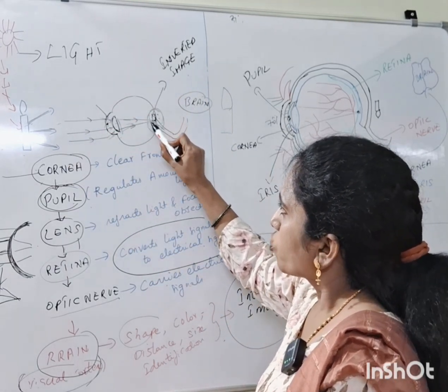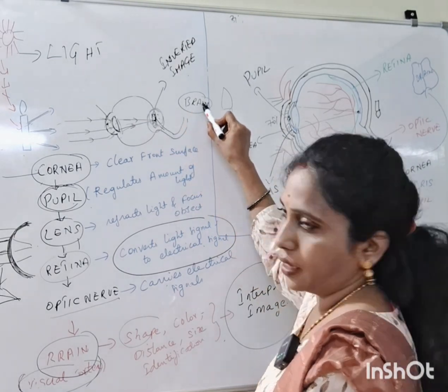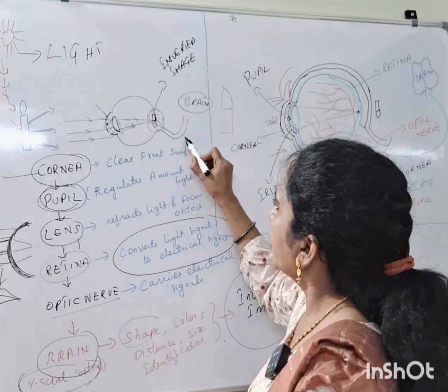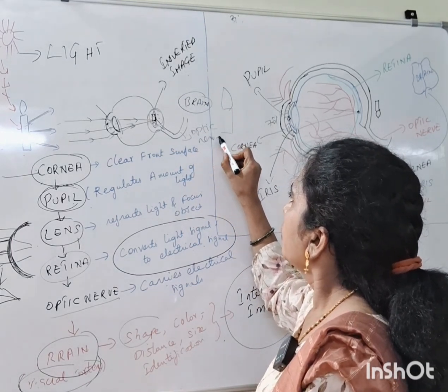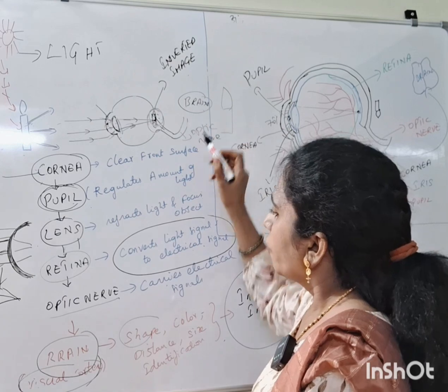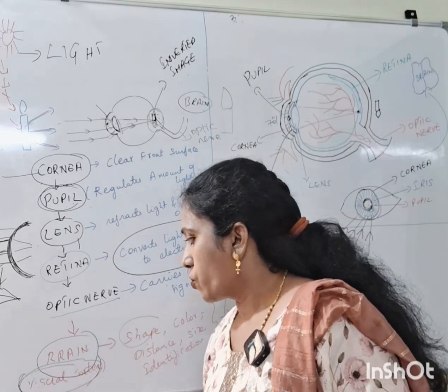All the light signals will be converted into electrical signals. This is the main function of the retina, and these electrical signals will be sent to the brain with the help of the nerve called the optic nerve. This carries the information to the brain. When it reaches the brain, we have an area called the visual cortex.